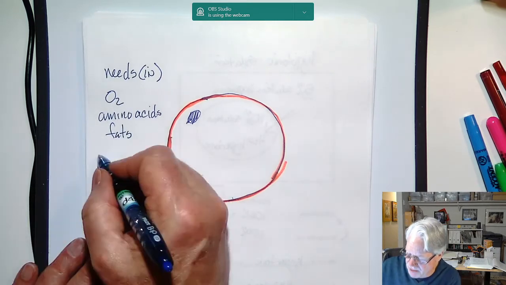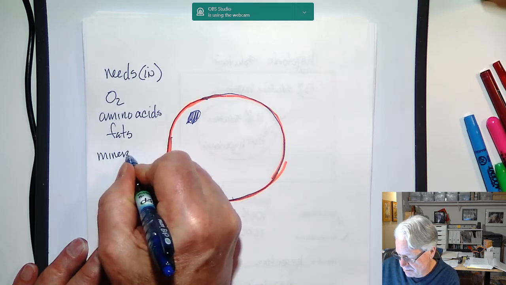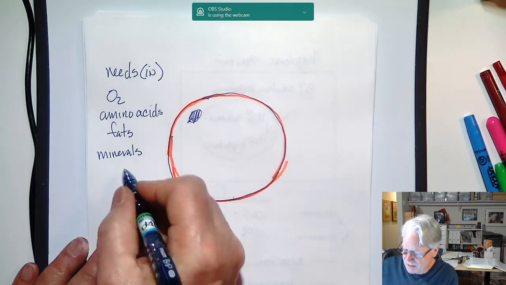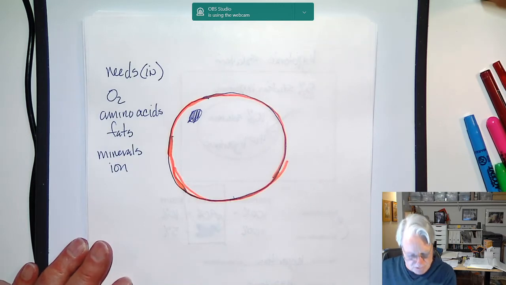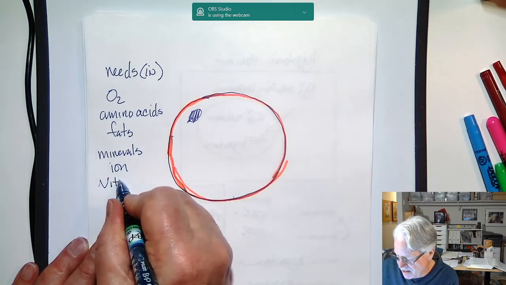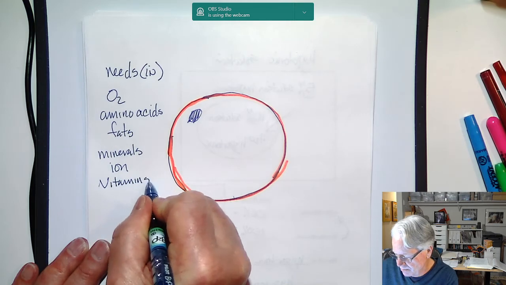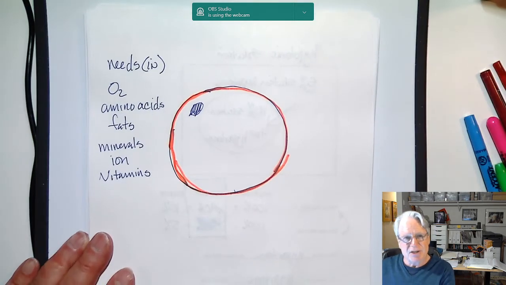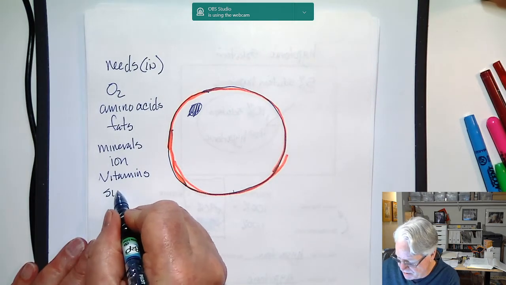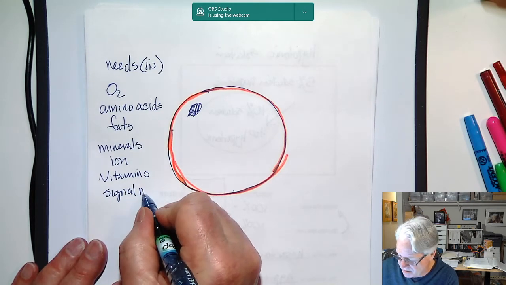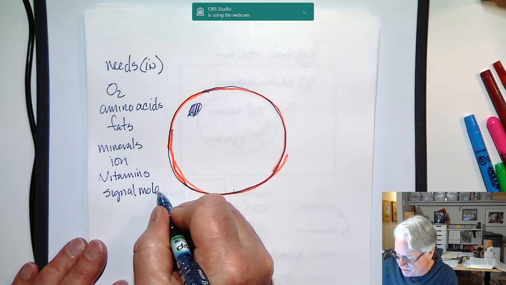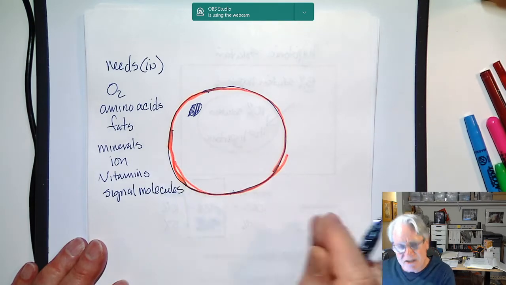It needs minerals. It needs a certain ion concentration. It needs vitamins. And it also needs signaling molecules, because this cell is not an isolated cell. It's part of a large body of cells, those 100 trillion cells that we've been talking about. And there needs to be communication.